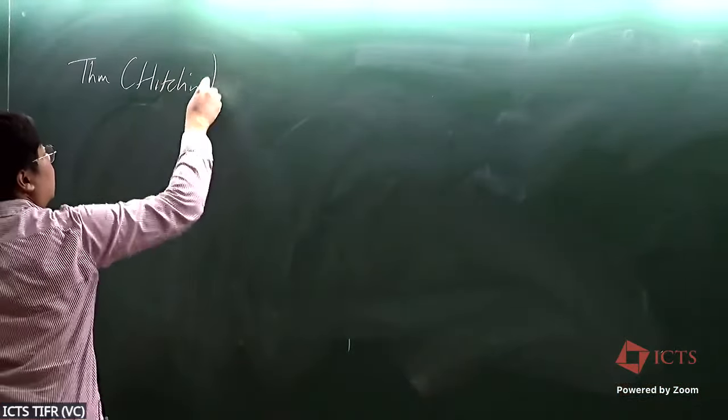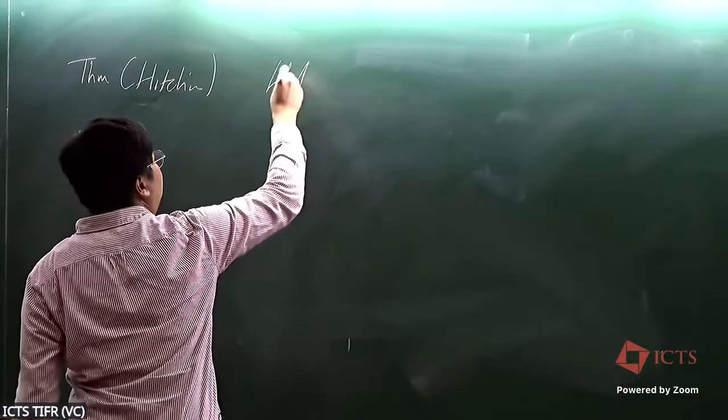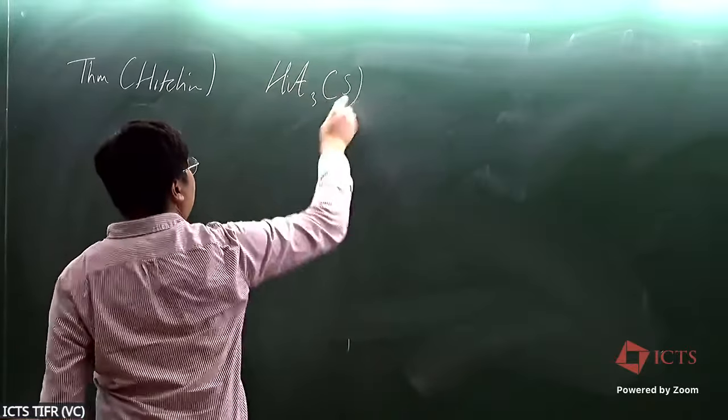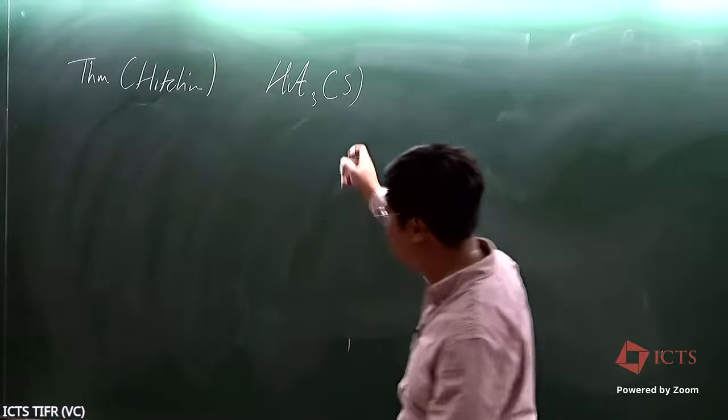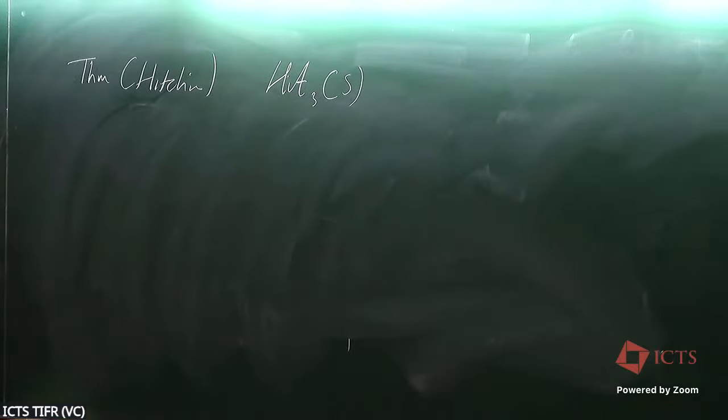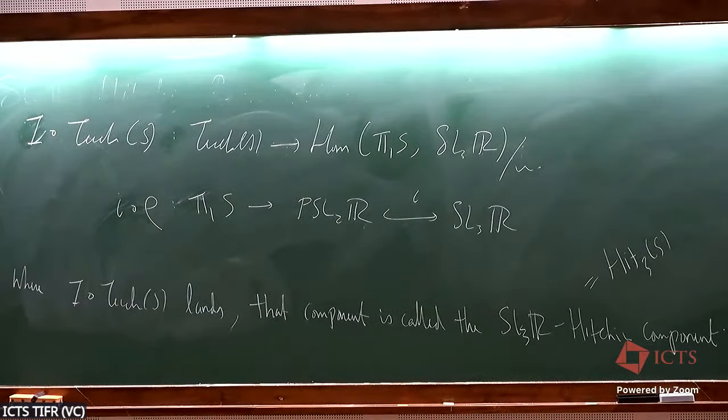So in fact, what Hitchin showed is that this component, which we will write as Hit3, so this is the SL3R Hitchin component, is topologically trivial. It's an open ball again, but of larger dimension.